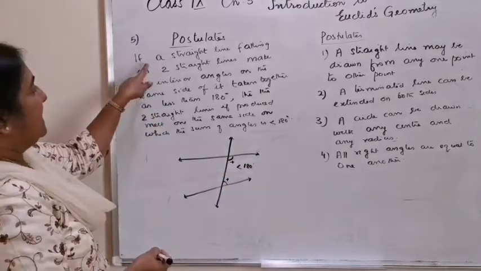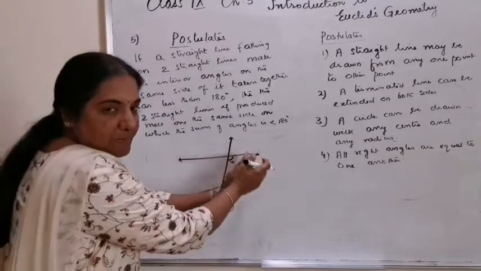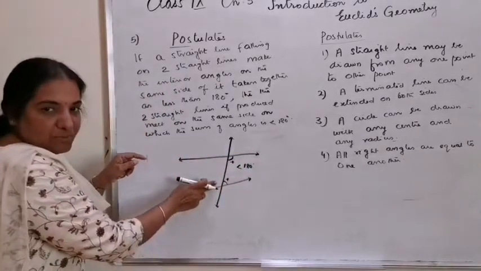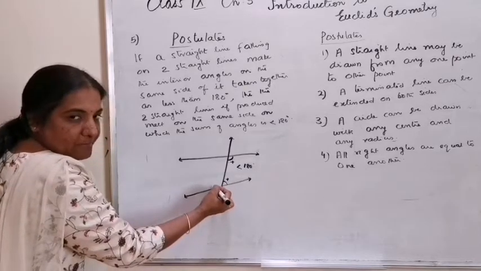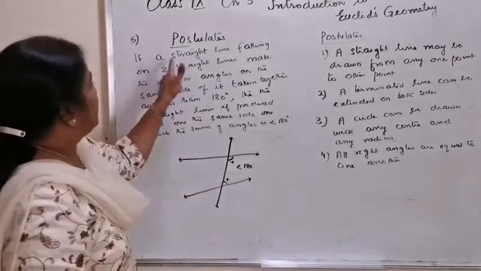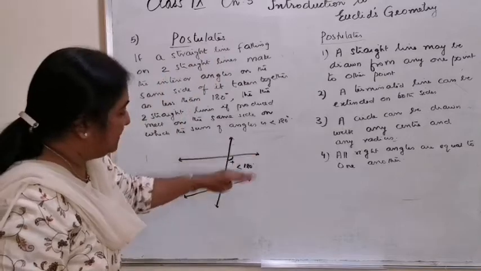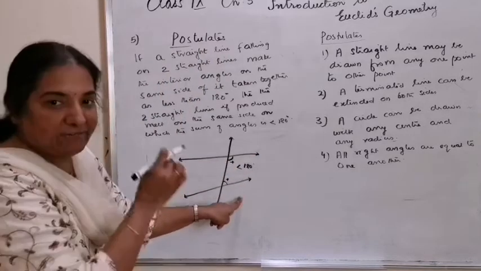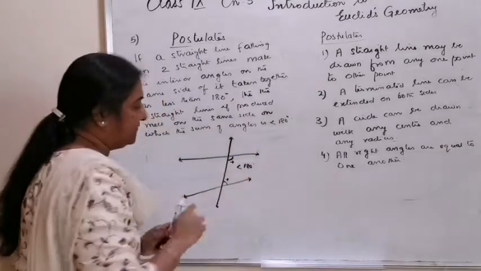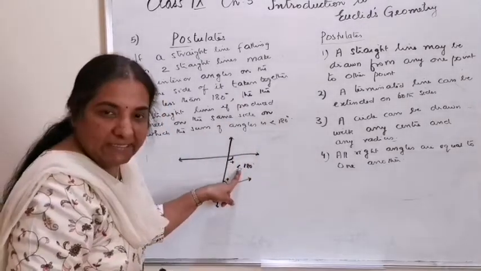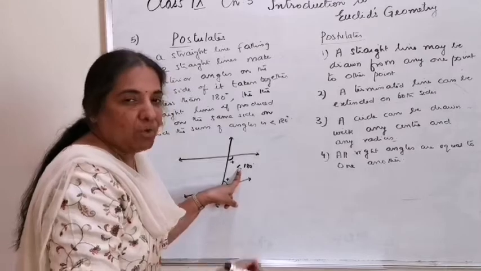On the other part you can see it will be more, because this is already an obtuse angle. So, if a straight line falls on two straight lines, and that line makes interior angles on the same side of the line less than 180 degrees, now what is the logic?